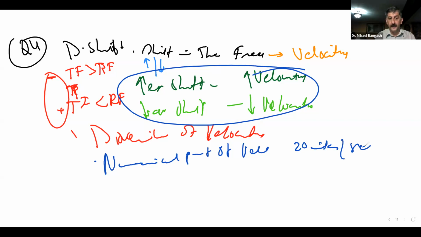Whereas here this could be directions: north, south, east, west, in our velocity, and the Doppler is going to be towards transducer, away from transducer. Is that clear?